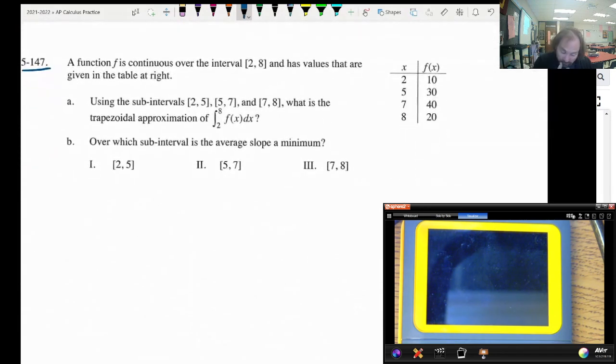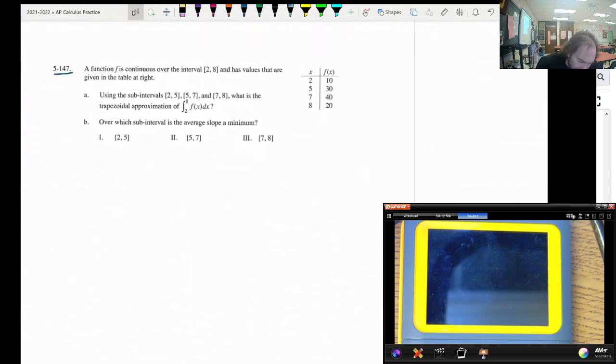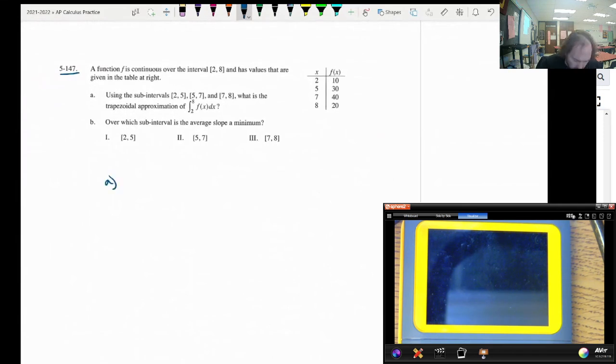And then 147. A function f is continuous over 2, 8, and has values that are given in the table at right. So, using subintervals 2 to 5, 5 to 7, 7 to 8, what's the trapezoidal approximation of the integral from 2 to 8? Now, I don't think we're going to look at B, but we at least do A. A does require that you kind of remember how trapezoids work, though.